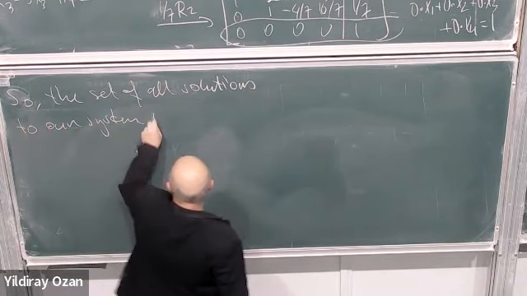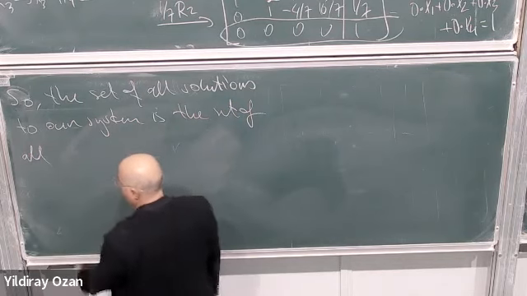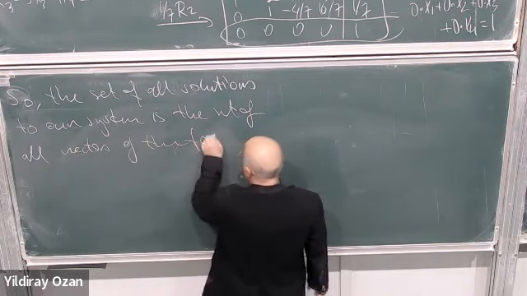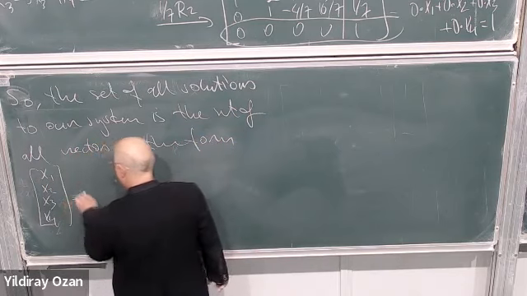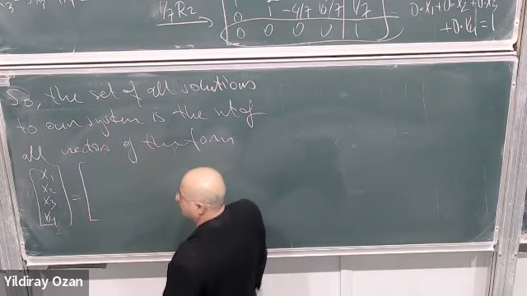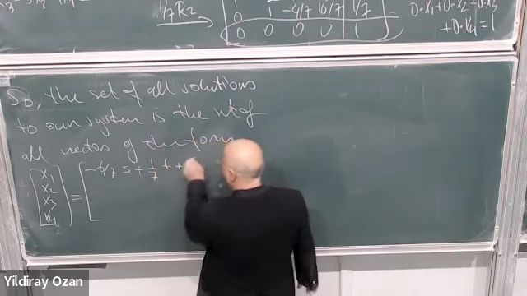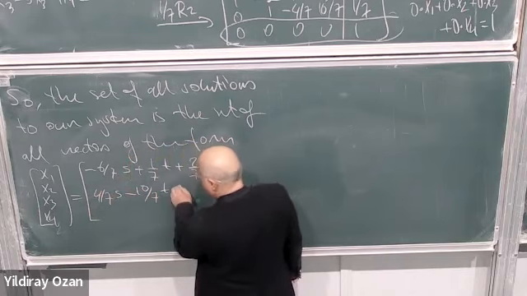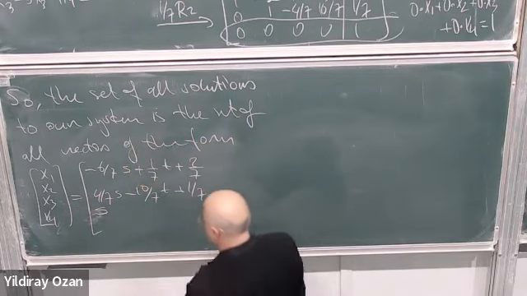It is the set of all column vectors of the form x1, x2, x3, x4, which is just equal to, okay, x1 is this: minus 6/7 s plus 1/7 t plus 2/7, then x2 is 4/7 s minus 10/7 t plus 1/7, and then x3 is just s, and this is just t.